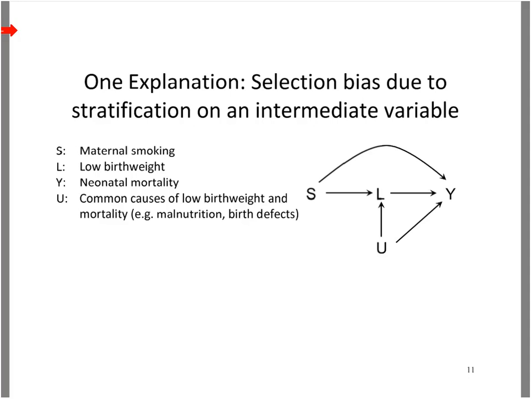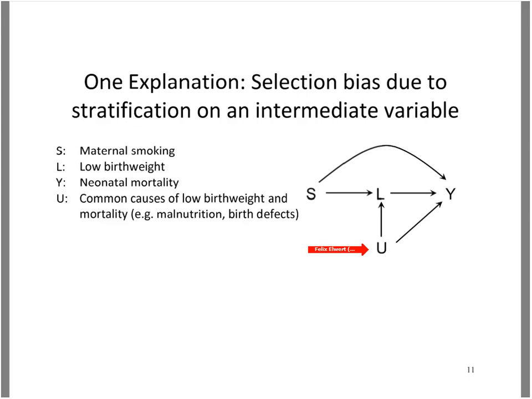So the story here would be that if U is malnutrition, well, certainly malnutrition will affect low birth weight, but malnutrition will also affect neonatal mortality. Same for birth defects. Okay. So the point here is that even in a randomized experiment where we have no confounders of our treatment S, intermediate variables are usually not randomized and may in fact be confounded by unobservables.